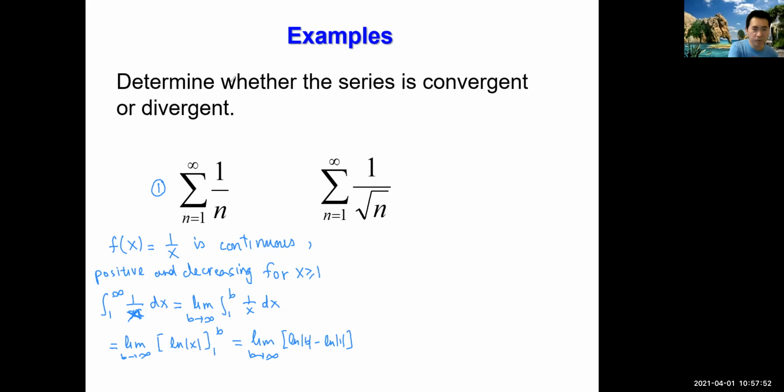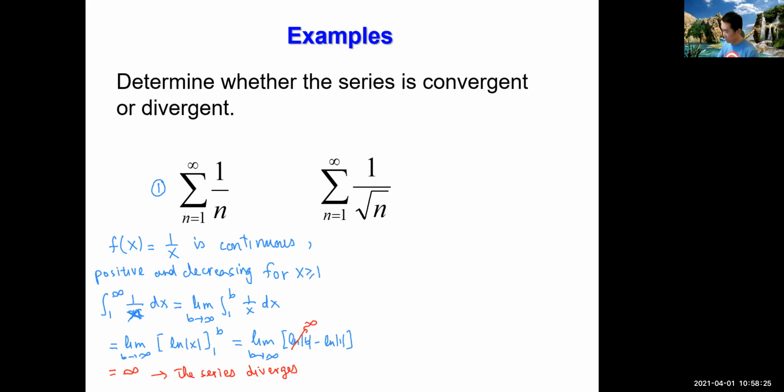Now, when b approaches infinity, the natural log goes to infinity, and natural log of 1 is 0, so that equals infinity, and therefore this integral diverges, and that implies the original series that we checked diverges, by the integral test. All right.